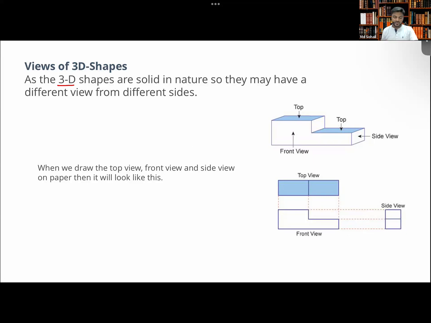So from different sides, their appearance varies. Like you must have seen in so many museums or art places that artists make 3D objects in such a way that if you look at a specific angle, the object appears to be something else, while if you look at a different angle, it appears to be something else.